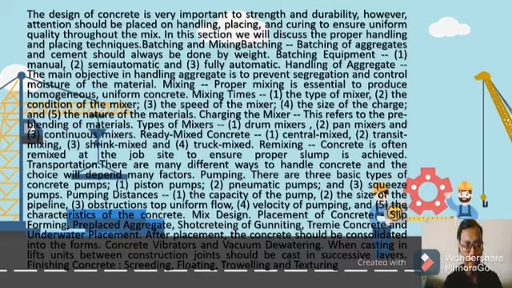Other than that, we must consolidate the concrete. After placement, the concrete should be consolidated into the form and around reinforcing bar to eliminate trapped air and voids.